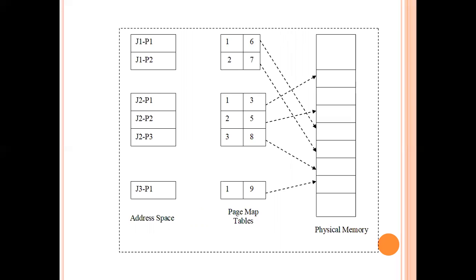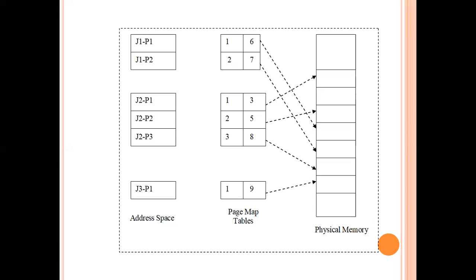Now, on the extreme right hand side, you can see the memory is also divided into a number of blocks. Assume that the first part of the memory is the operating system. The operating system also occupies some blocks. Let us assume that the operating system has occupied two blocks, so block 1 and block 2 are occupied by the operating system.